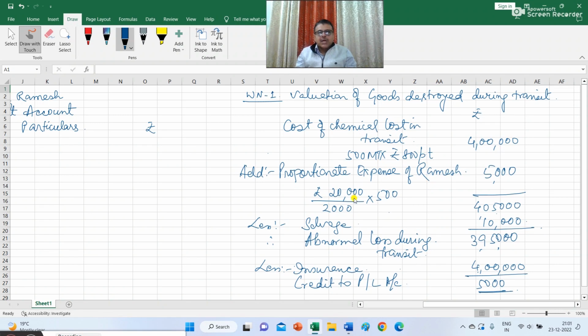He's paid 20,000 for 2,000 metric ton of chemical, and for 500 metric ton of chemical he has to incur rupees 5,000, less the amount of salvage, that is the amount of chemical which was saved during fire, for rupees 10,000. So abnormal loss during transit is for rupees 3,95,000. Insurance company paid 4 lakh, and the 5,000 will get credited to profit and loss account.